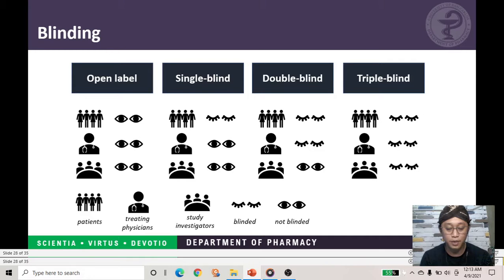Usually they will put the information in a closed envelope or a closed file, and they will open this file or envelope at the end of the study, when they are done and will start the analysis, because they have to know which one is in the control group or the intervention group. So that's the triple blind. Usually the double blind is the gold standard for the study.